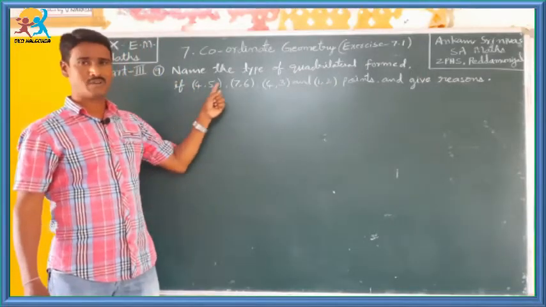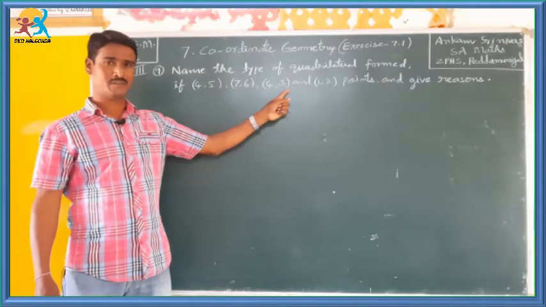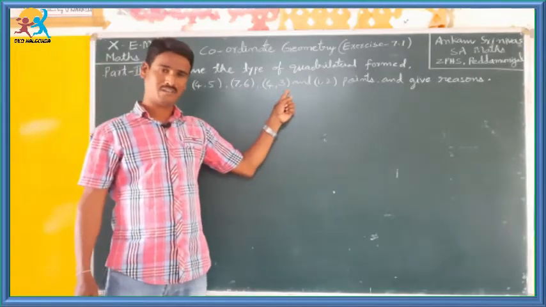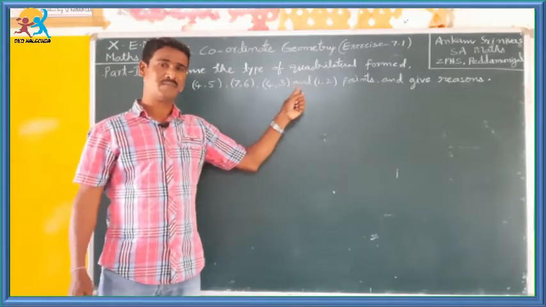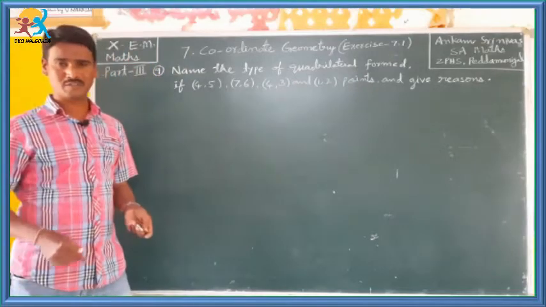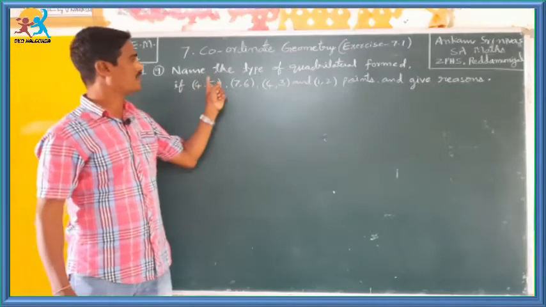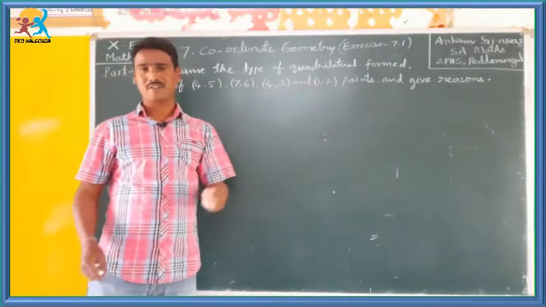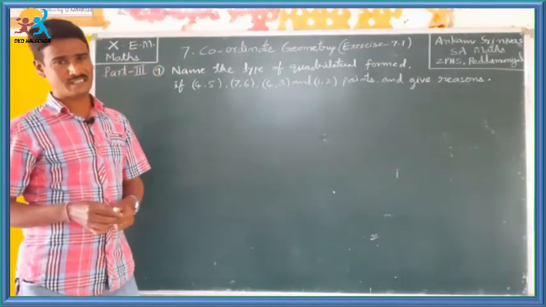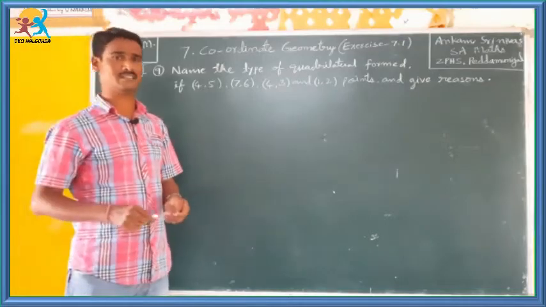As per the given points in order, if we plot them in a graph, we are going to find which type of quadrilateral is formed. So, to decide the type of quadrilateral, first we have to find the length of the sides of the quadrilateral.